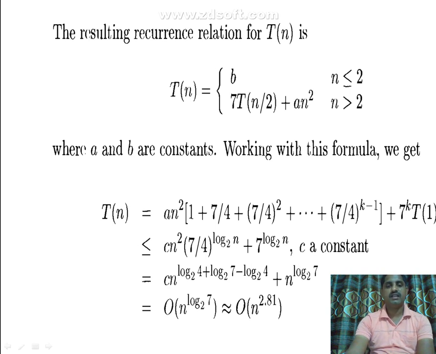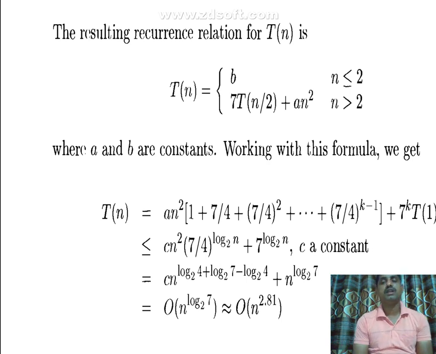Likewise c n log 4 base 2 plus 7 base 2 minus log 4 base 2 plus n log 7 base 2, that equals big O of n log 7 base 2, which is approximately big O of n power 2.81.